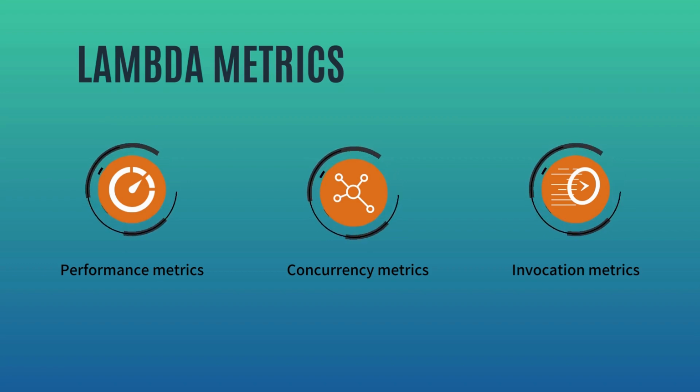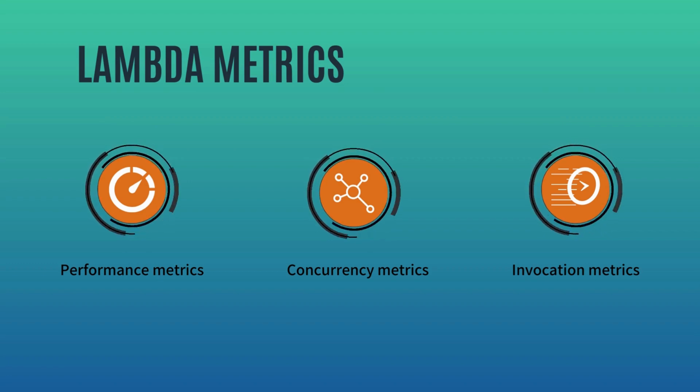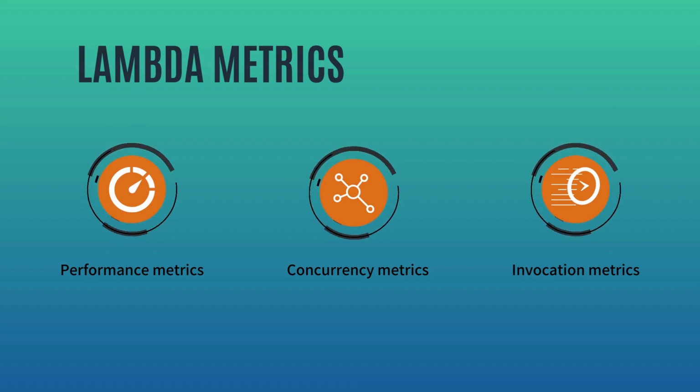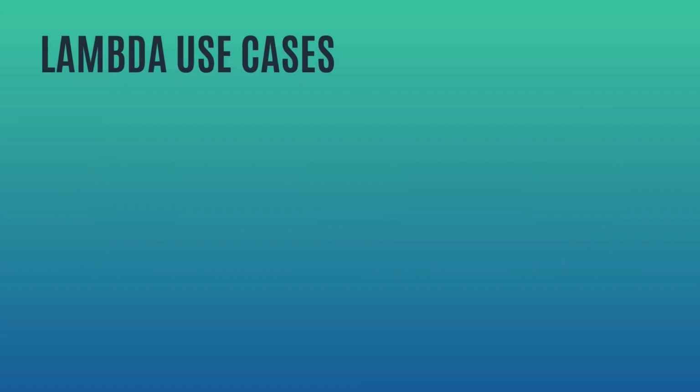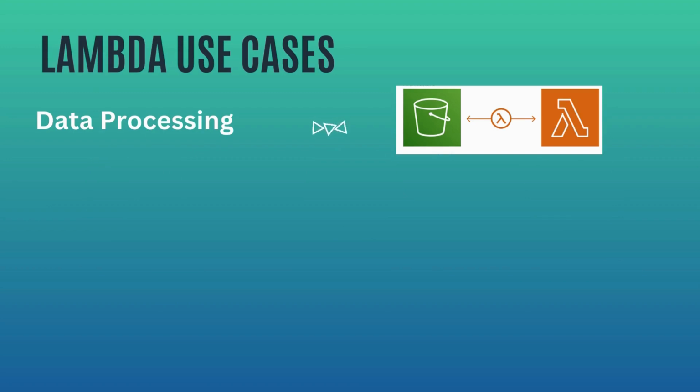So, what are the use cases where we can use AWS Lambda to execute microservices or applications? The first use case is data processing. Let's say a file comes into your S3 bucket every day, and you want to convert it into a different format so that it can be used in other ways.